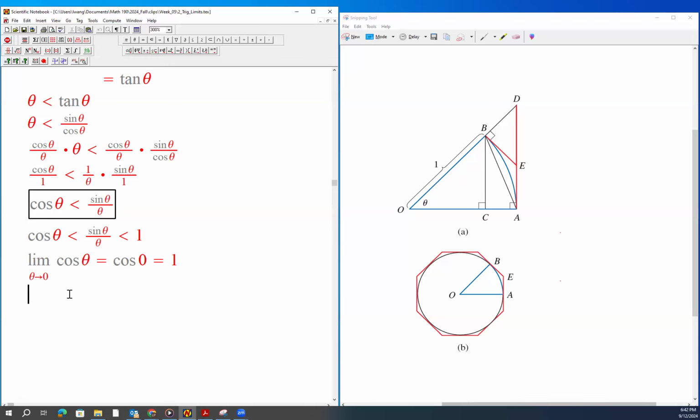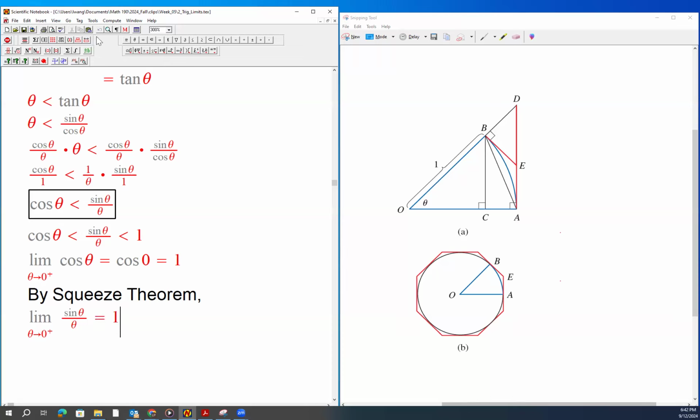So by the squeeze theorem, the limit as theta approaches 0 from larger than 0, sine theta over theta is squeezed between two limits that are both equal to 1.